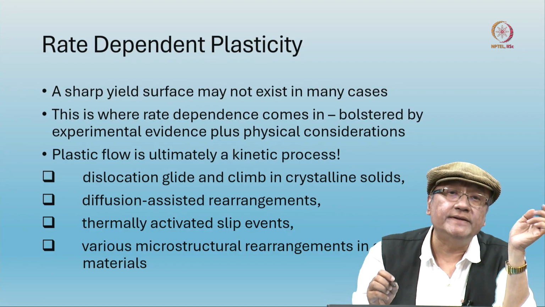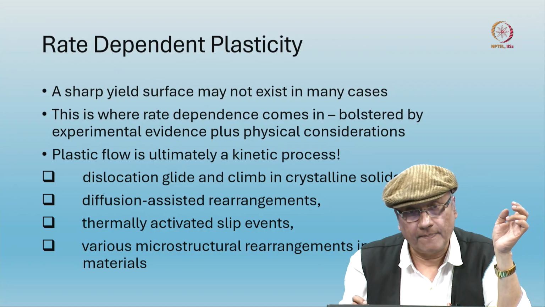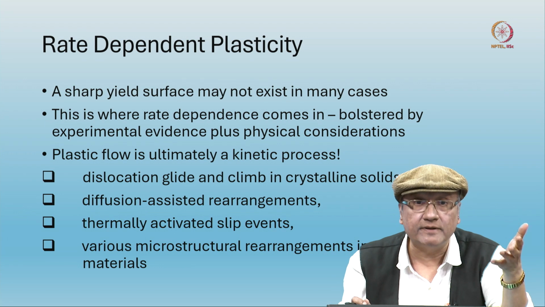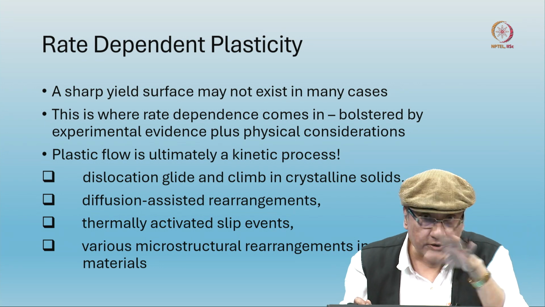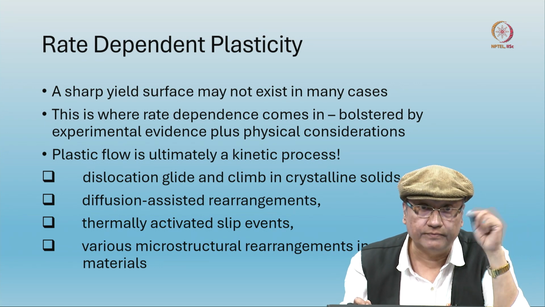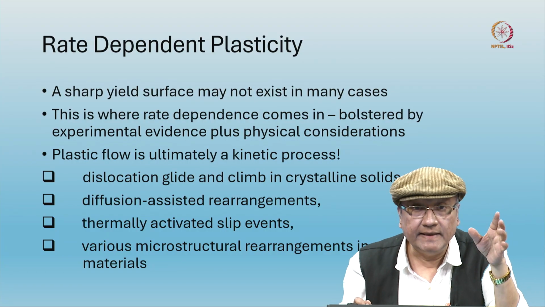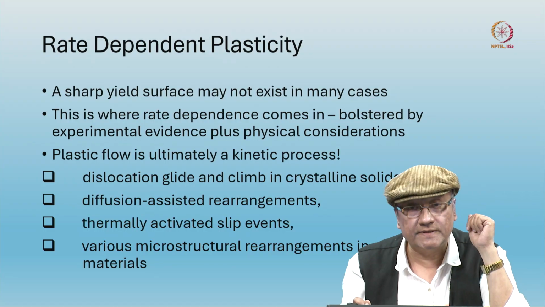This is where the rate dependence comes in. It is bolstered by experimental evidence and also physical considerations, which I will come to. But it does not admit any such sharp yield surface.